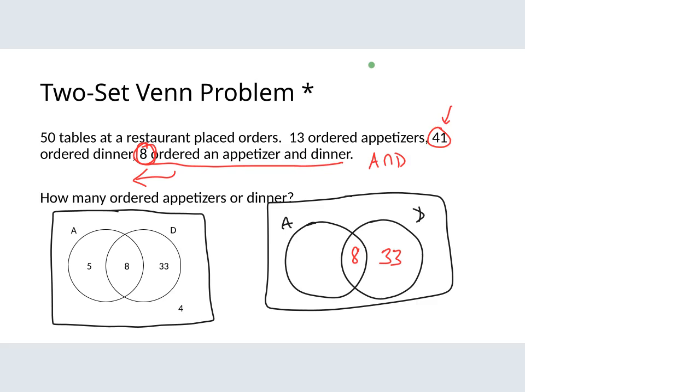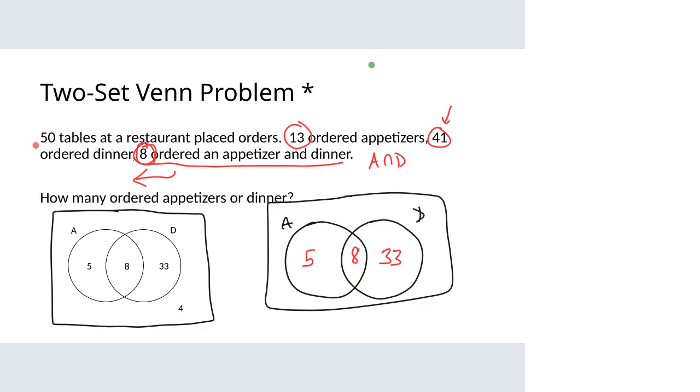We're going to do the same philosophy with the 13 that ordered appetizers. I need 13 in the appetizer circle. I already have 8 in there. I can't put 13 over here because then I've got 21. That's too many. That's no good. I already have 8, so I need 5 more to give me 8 that ordered appetizer and dinner and 13 that ordered appetizers.